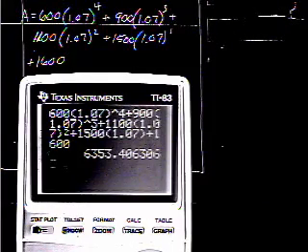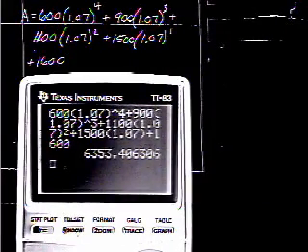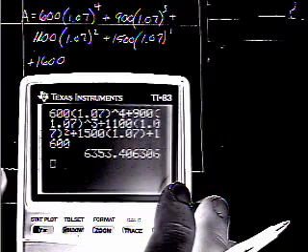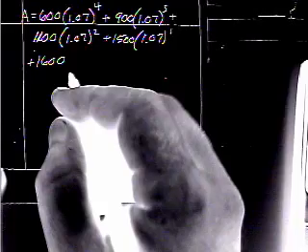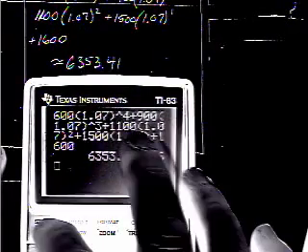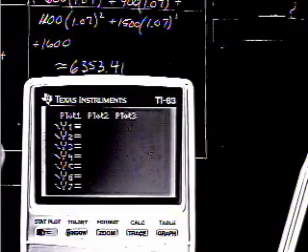So the total there is $6,353.41. They're probably not going to give you the extra penny, so you're probably going to round down, but we won't worry about that for right now. $6,353.41, approximate value.